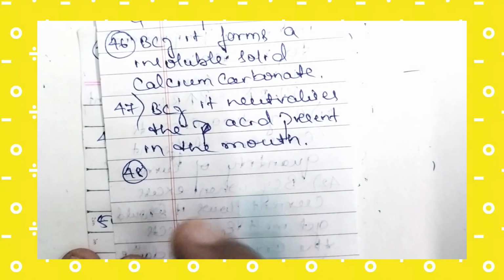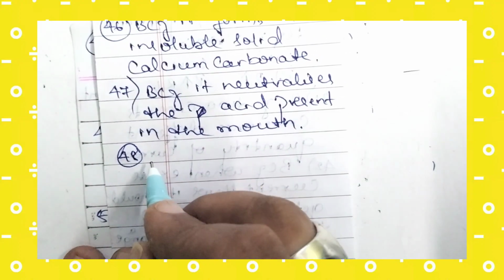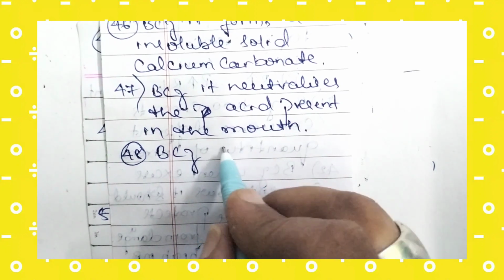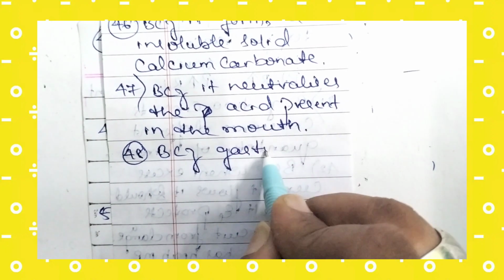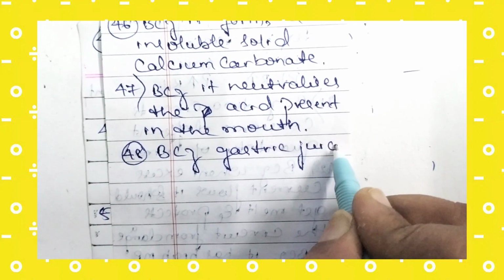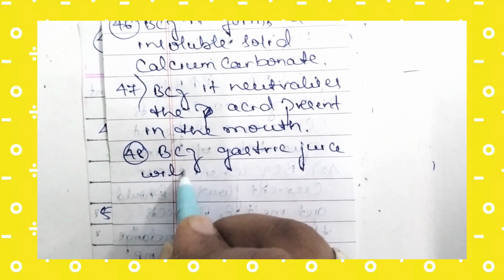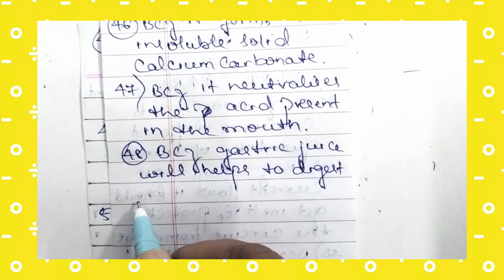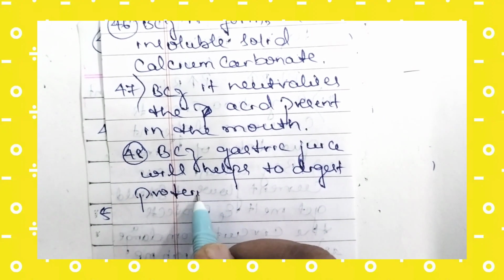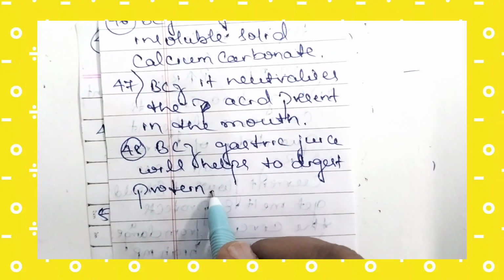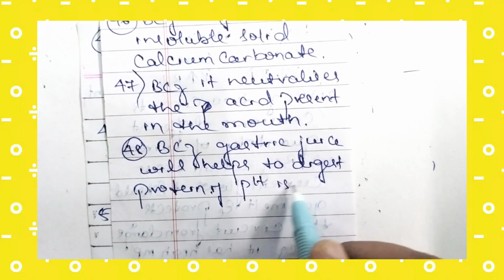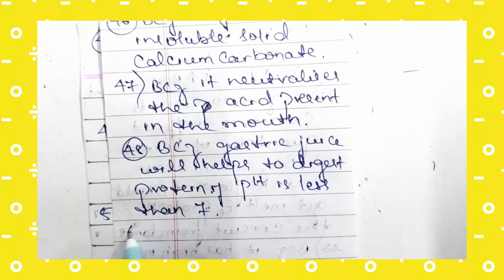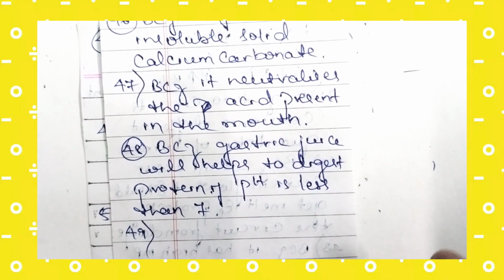So 48, because so pH value is less than 7 because gastric juice helps to digest protein if pH is less than 7.